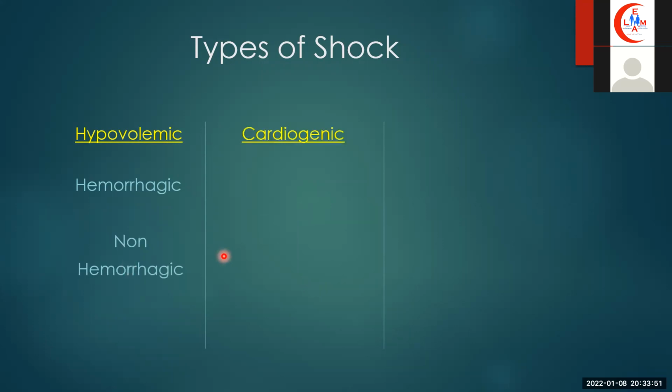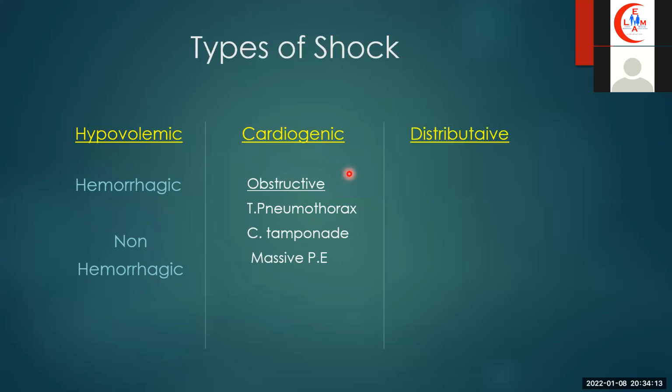Cardiogenic shock. There will be obstructive shock like tension pneumothorax, cardiac tamponade, and massive pulmonary embolism. I put the obstructive types under cardiogenic shock because at the end they will cause cardiogenic shock.